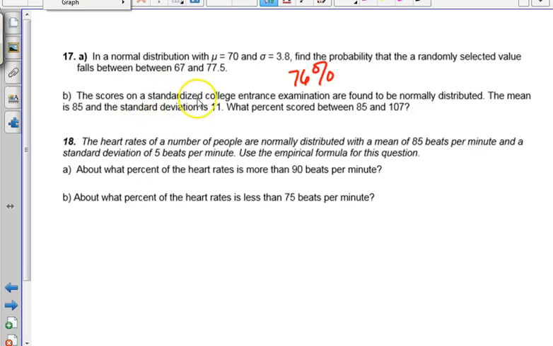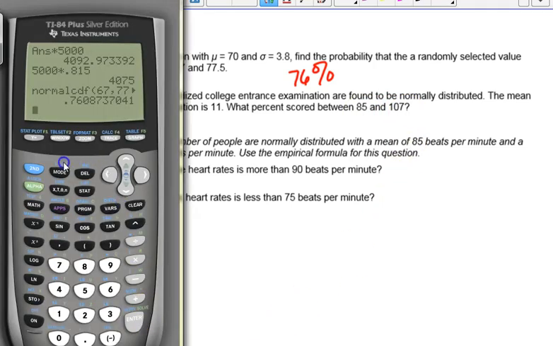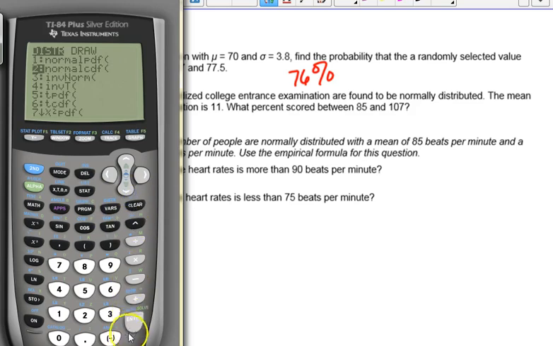The scores on a standardized college entrance exam are found to be normally distributed. The mean is 85 with a standard deviation of 11. What percent scored between 85 and 107? Okay, same question. Is this the last section?